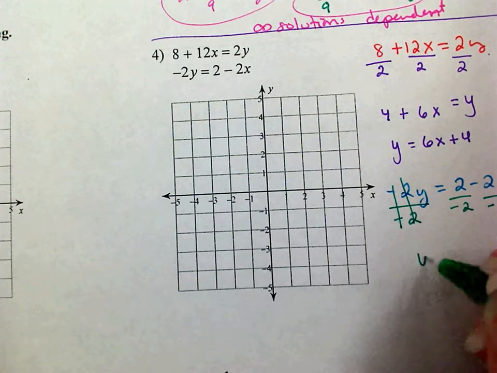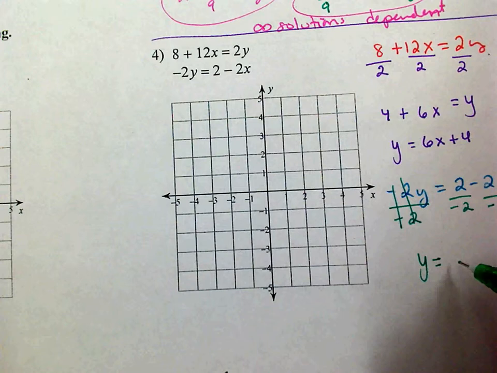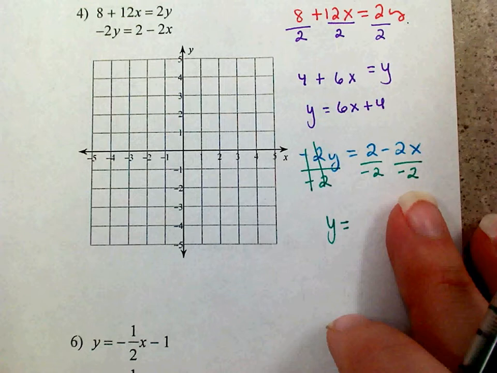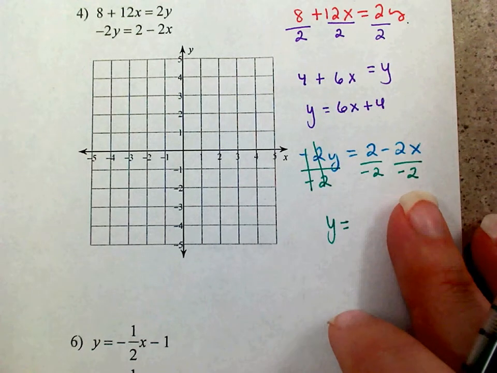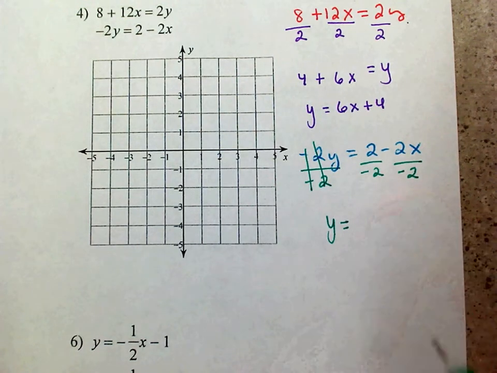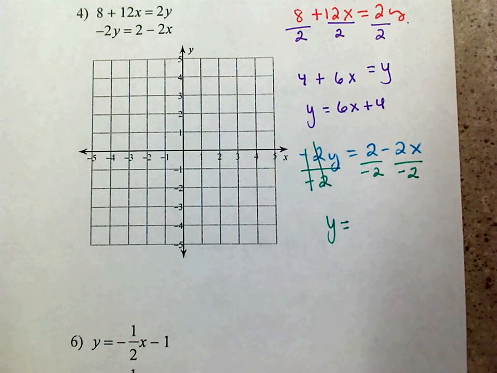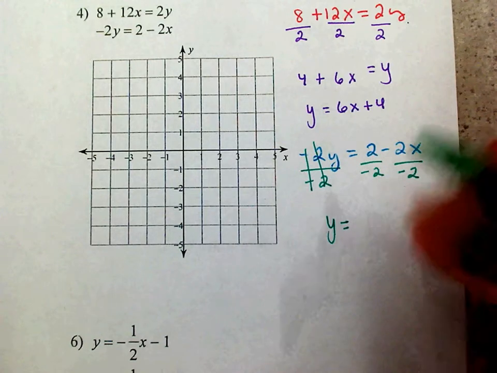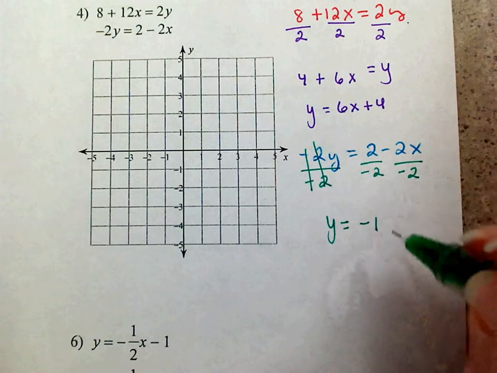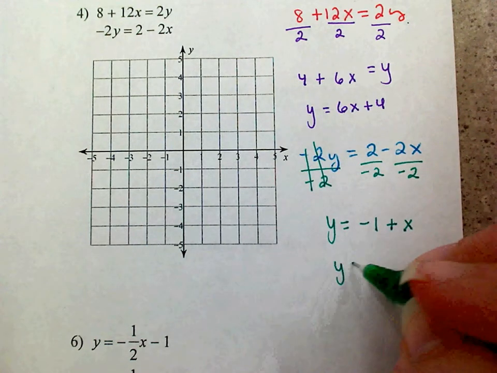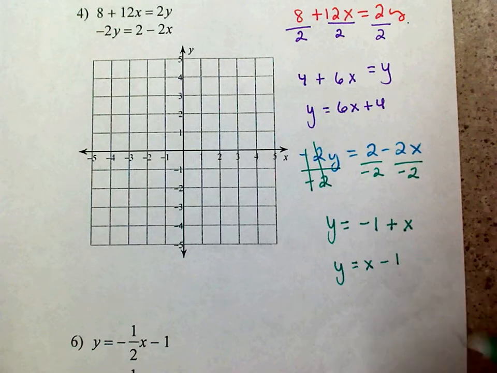So y equals... what's 2 divided by negative 2, guys? Negative 1. What's negative 2x divided by negative 2? A positive 1x. Just to rewrite it in order, positive x minus 1. Are y'all okay with that?